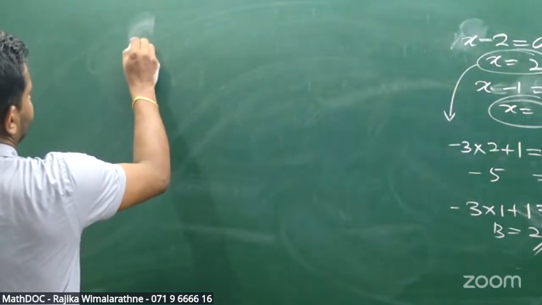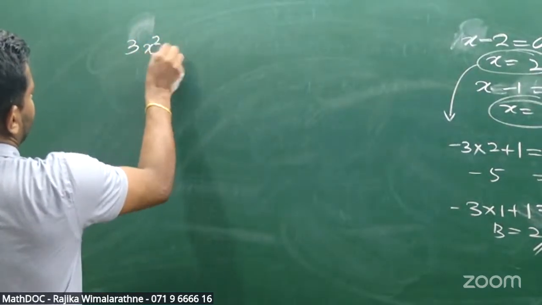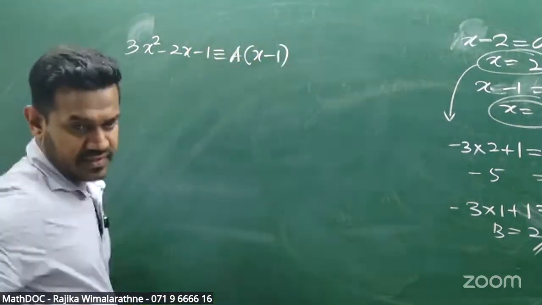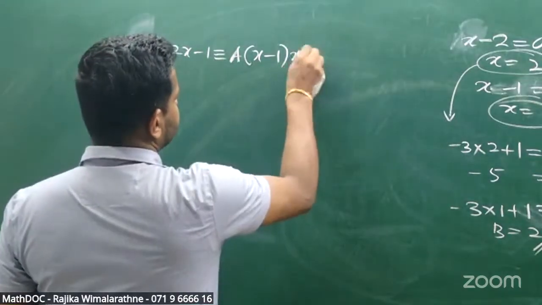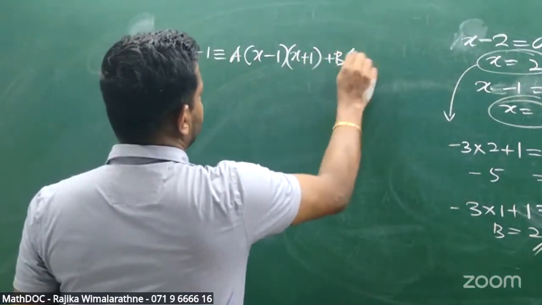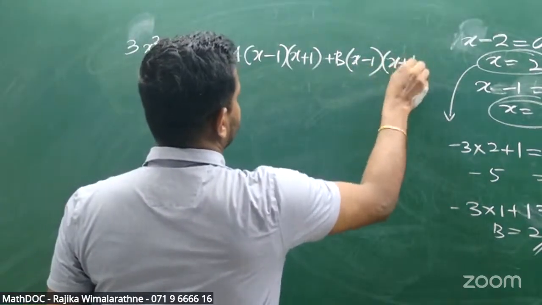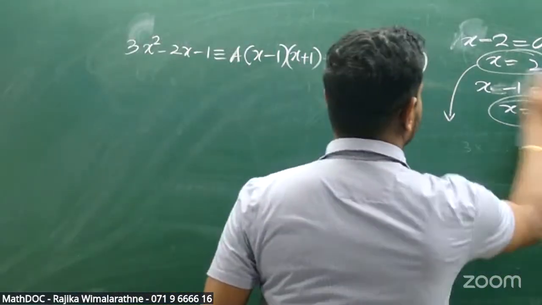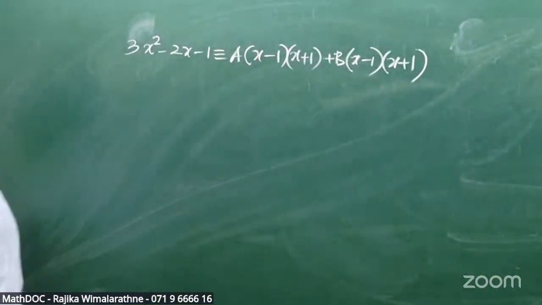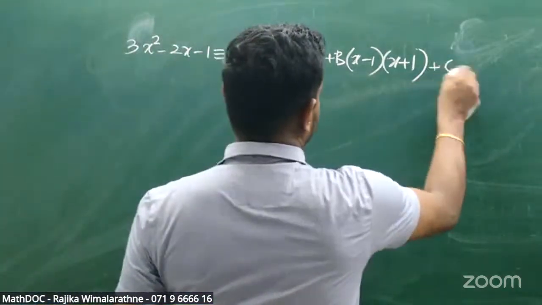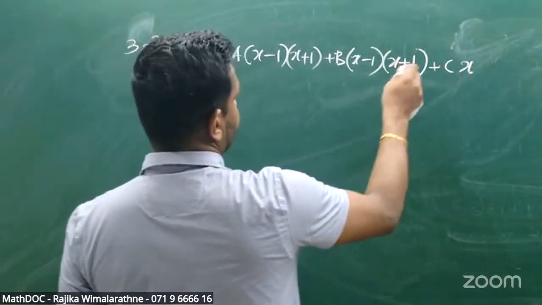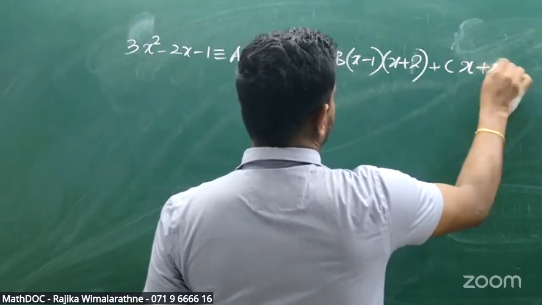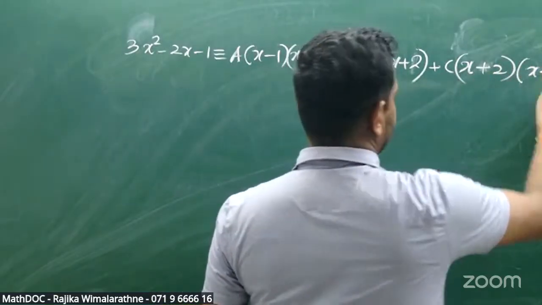You better do with me. 3x squared minus 2x minus 1 identical to a times x minus 1, x plus 1, b times x minus 1, x plus 1, plus c times, yeah, take x plus 2, x plus 2, x plus 1, x plus 1.